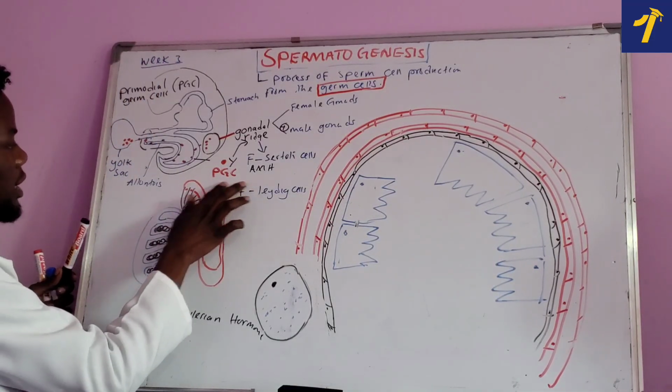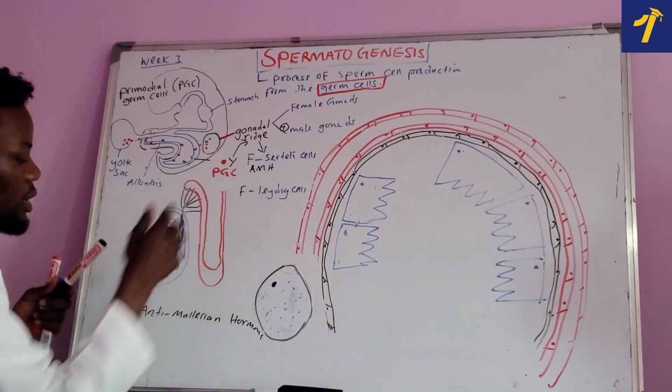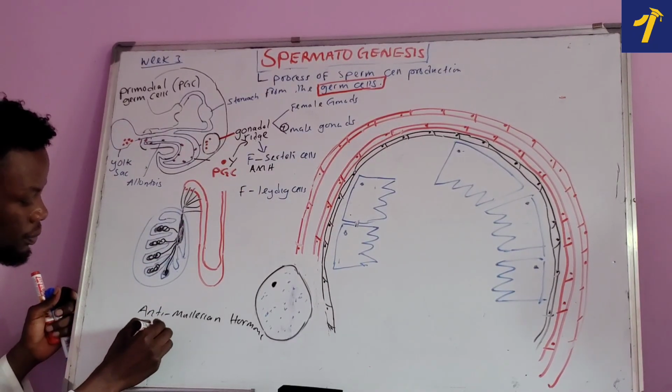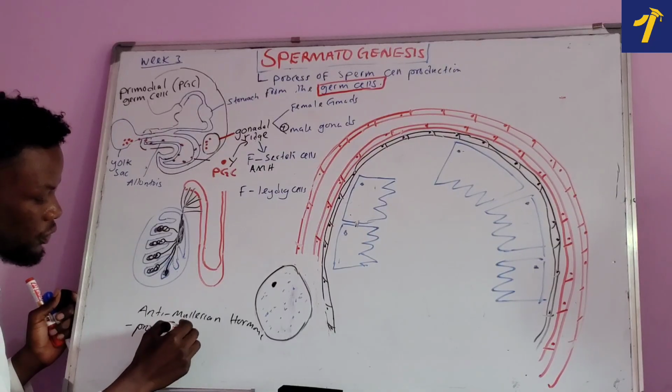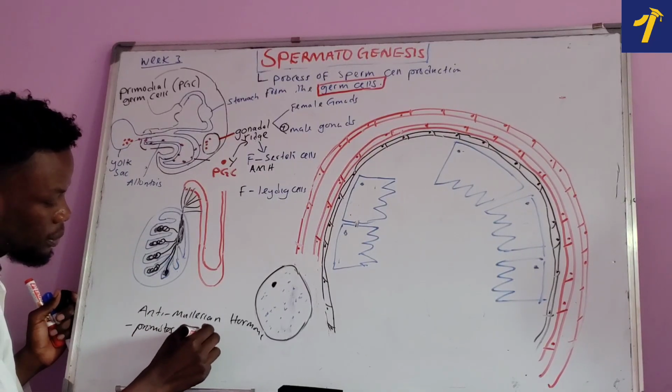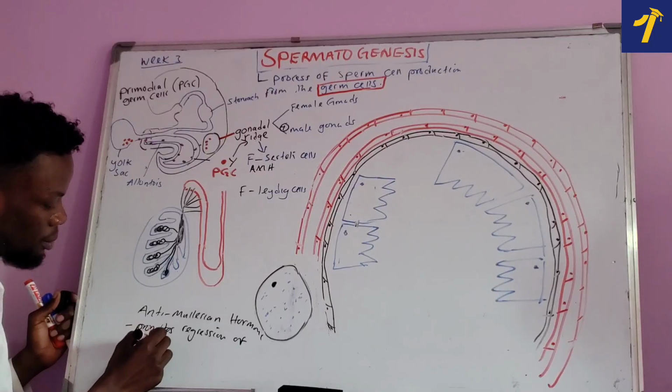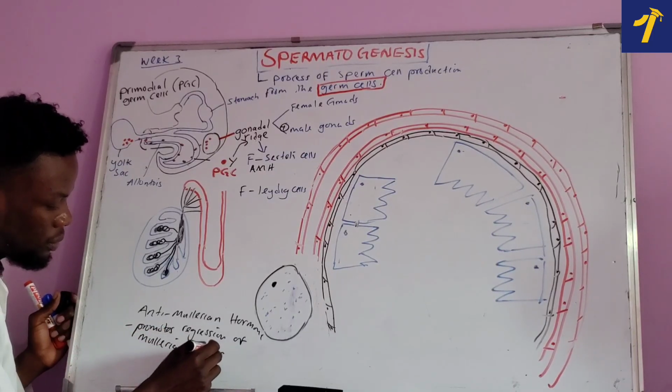The Mullerian ducts. So let us write something here. What's the function of this? Promotes regression of Mullerian ducts.